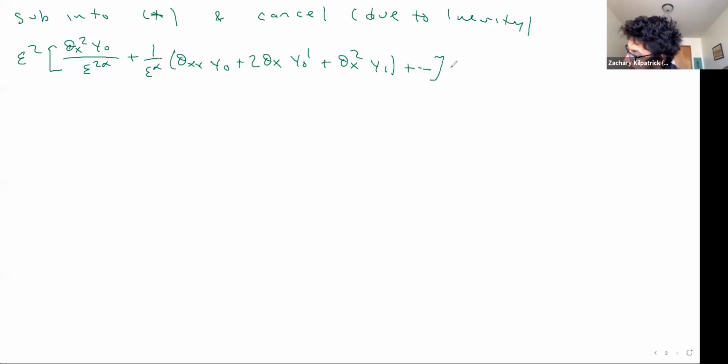So that's our y prime prime term, and then here's our y0 plus epsilon to the alpha y1 plus so on and so on. This all equals 0. And note, we dropped the exponential term because that occurs in all of your terms, because of the linearity.